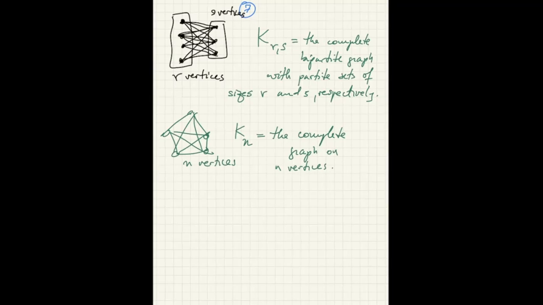But we notice one thing: when we traverse a cycle, say you start on the left, every time you make a move along an edge, you move from one partite set to the other. So if you start on a vertex on the left and come back to that vertex after some number of steps, that number has to be even, because that's the only way you can come back. So that's a necessary condition.